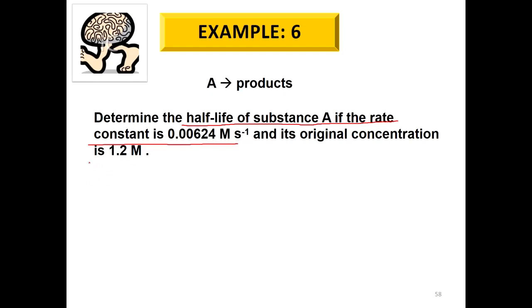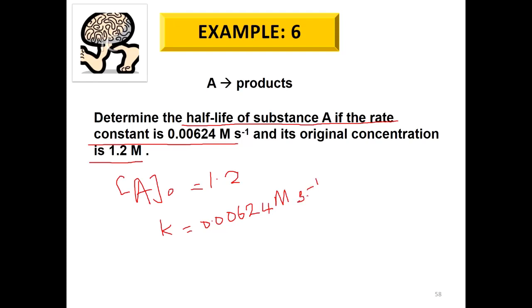So from this equation, the A naught is 1.2, and the rate constant k is 0.00624 molar second negative 1. Then you can find out your T half.